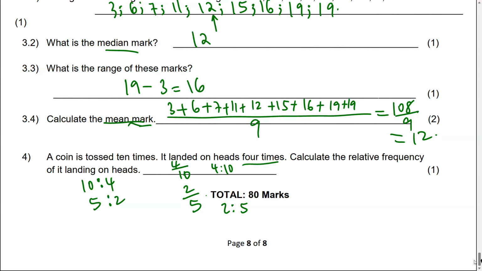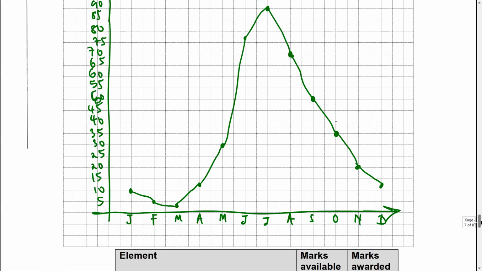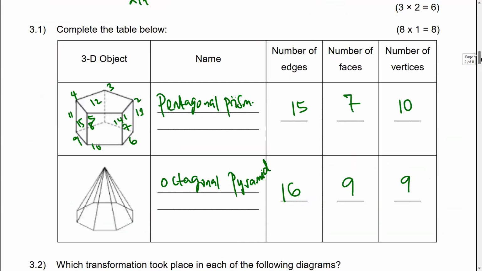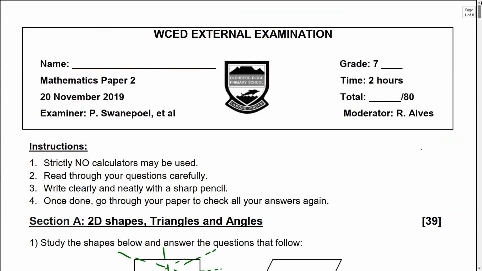So we did this paper here and went through all the questions and discussed together. This was an exam that was written as Mathematics Paper 2, 2019 by the grade 7s, 2 hours, total 80 marks.